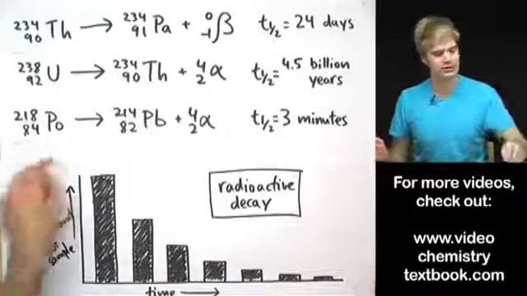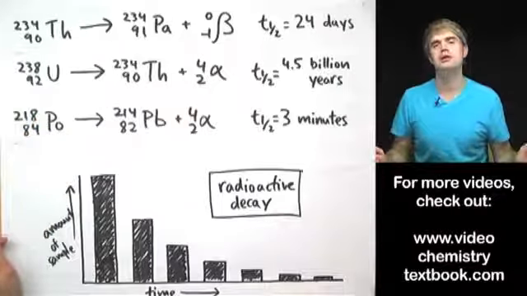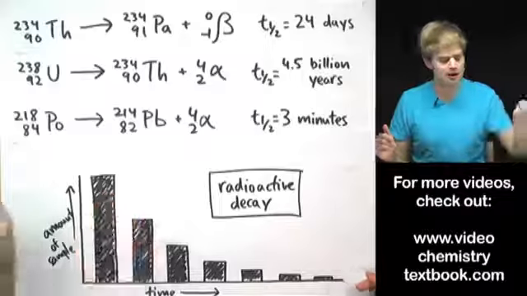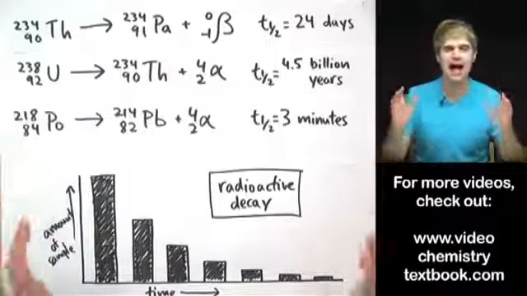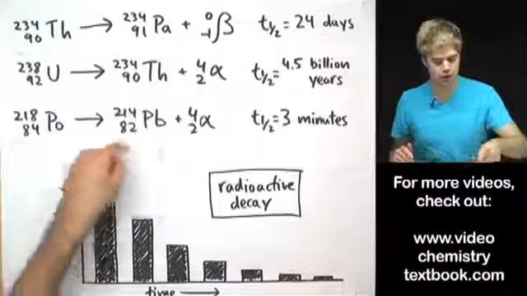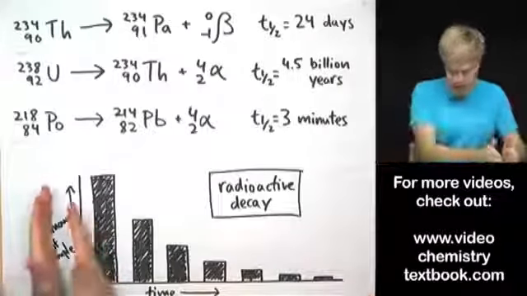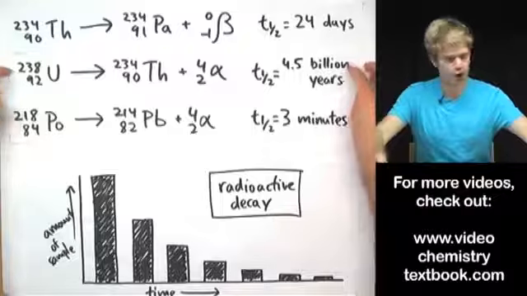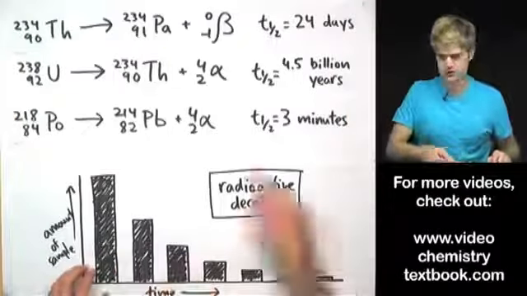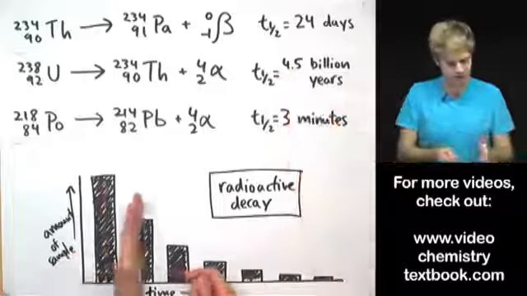So that means that if you were in the lab studying polonium-218 and you had to get up and run to the bathroom for 3 minutes, by the time you came back, half of the polonium in your sample would have disappeared. It would have turned into lead. Okay? So if this were a graph for uranium's decay instead of thorium, the difference between each one of these bars would be 4.5 billion years.